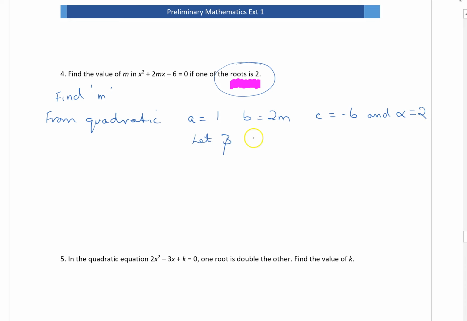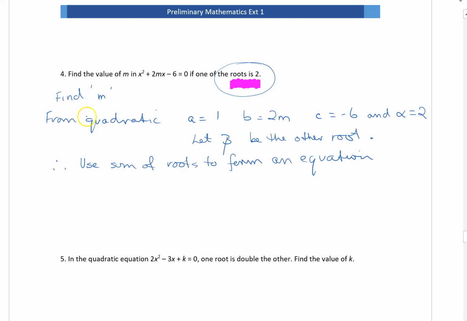Let beta be the other root. Quadratic, 2 roots. Therefore, the sum of the roots, I'll just write, therefore use sum of roots to form an equation.